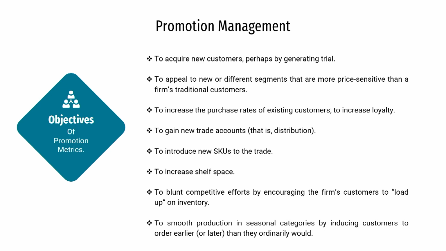The last objective is to smooth the production in seasonal categories by inducing customers to order earlier or later than they ordinarily would. So this is a kind of promotion that is extended by many typical businesses such as a restaurant. Normally restaurants have a high crowd during the weekends, but a lower crowd during the weekdays or during the daytime. So what will they come up with?